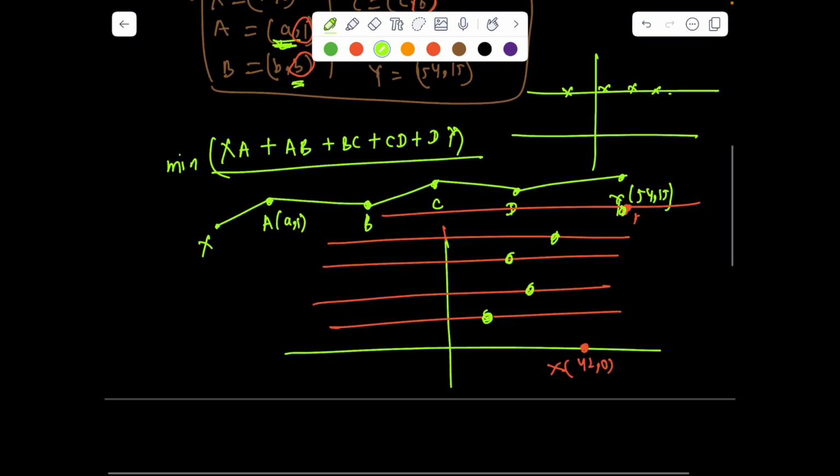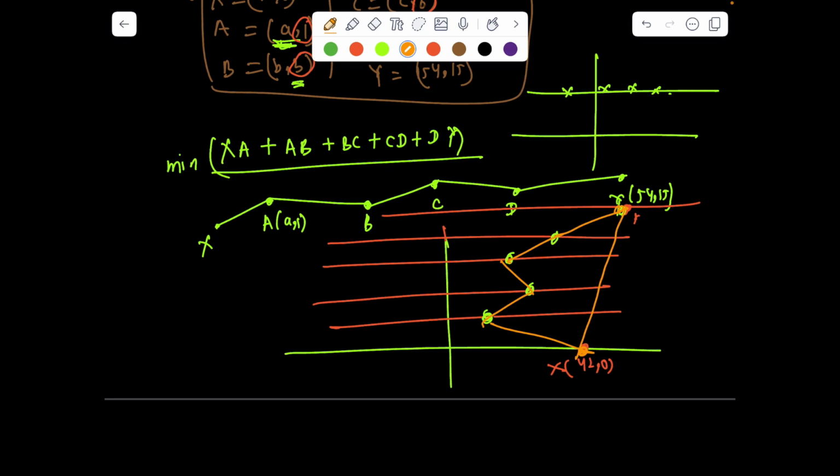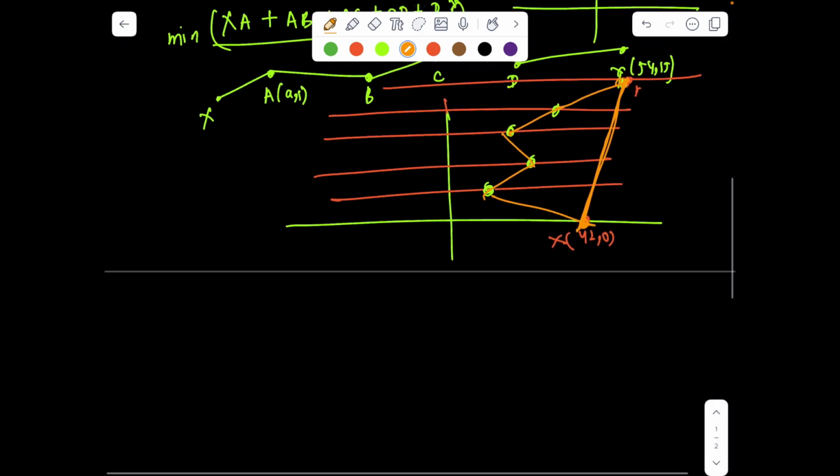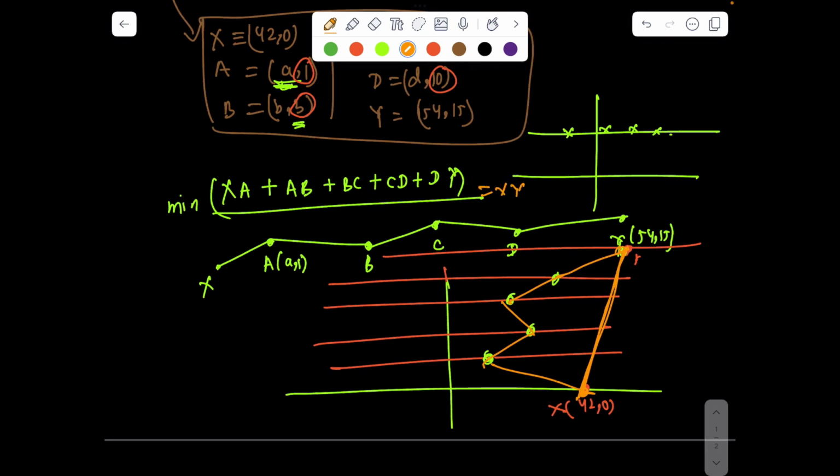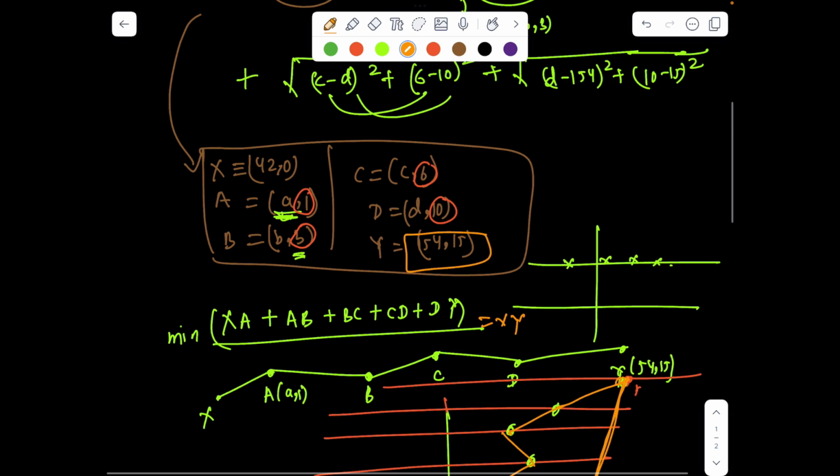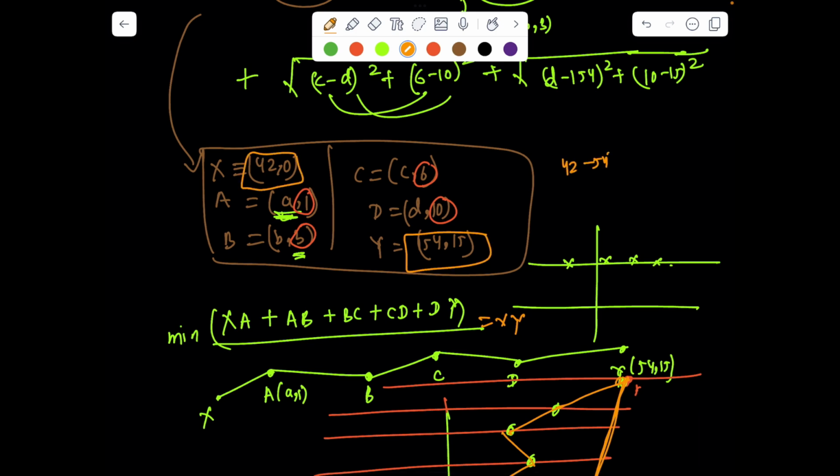Okay, so I need to find the minimum path. I need to find the minimum distance along this zigzag path. Of course, the minimum distance will be when it is a straight line, right? So the answer is the minimum value of this, which is nothing but simply XY. The coordinate of X is known, the coordinate of Y is known. Hence the answer for this problem is the square root of (42 minus 54) whole square plus (0 minus 15) whole square.